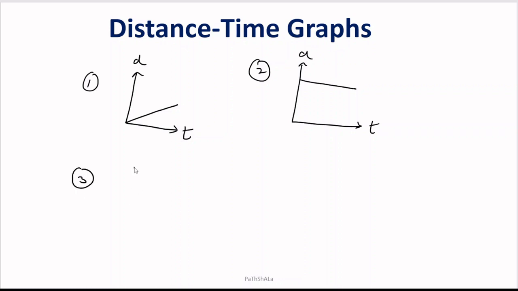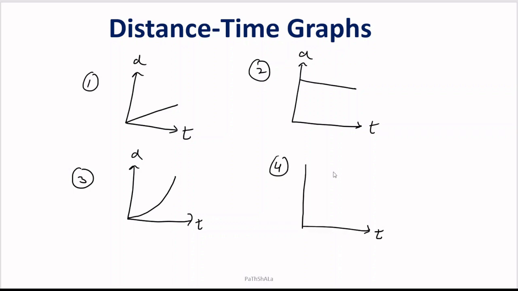Third, if the speed is increasing, this is increasing speed. And fourth, the speed is decreasing. How will we draw it? This is the decreasing speed.